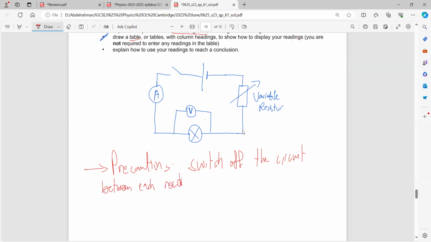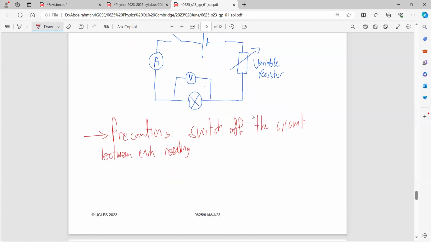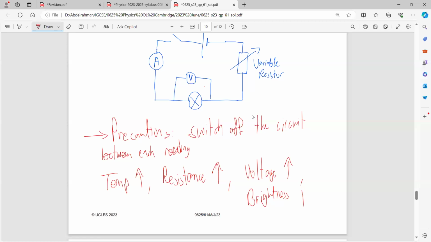Why? Because as you leave the circuit on for a longer time, the temperature rises. And when the temperature rises, the resistance increases. When the resistance increases, the voltage increases, and when the voltage increases, the lamp would be brighter. The brightness of the lamp would also increase.